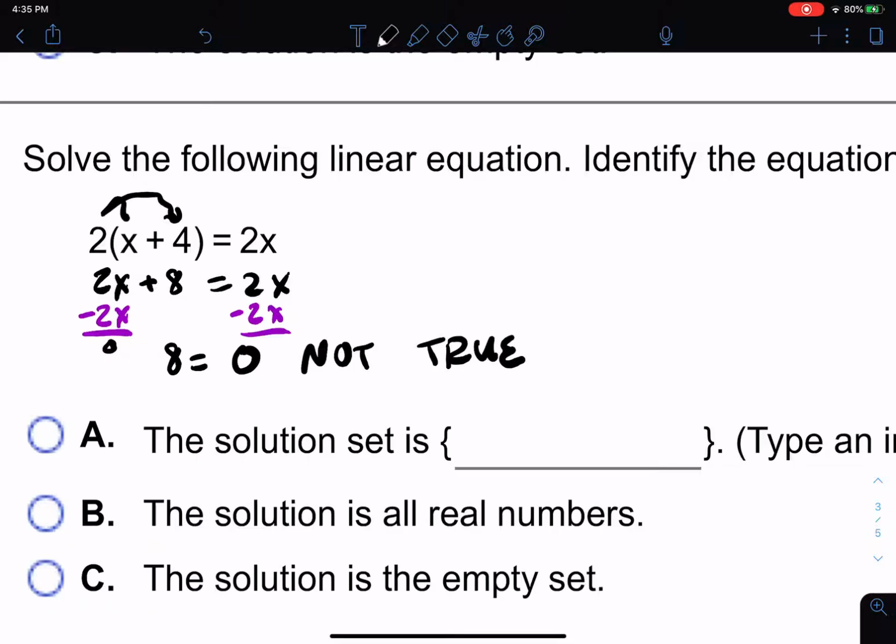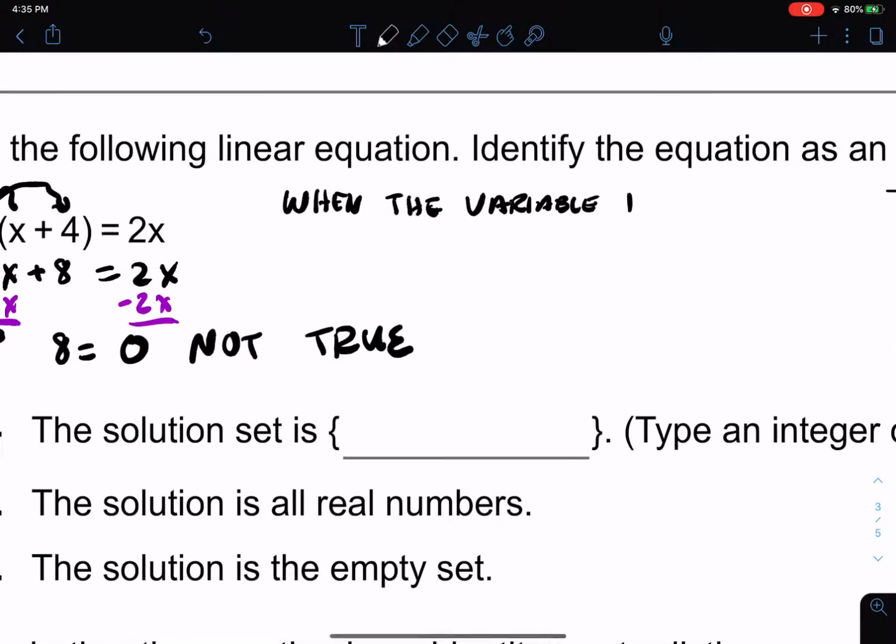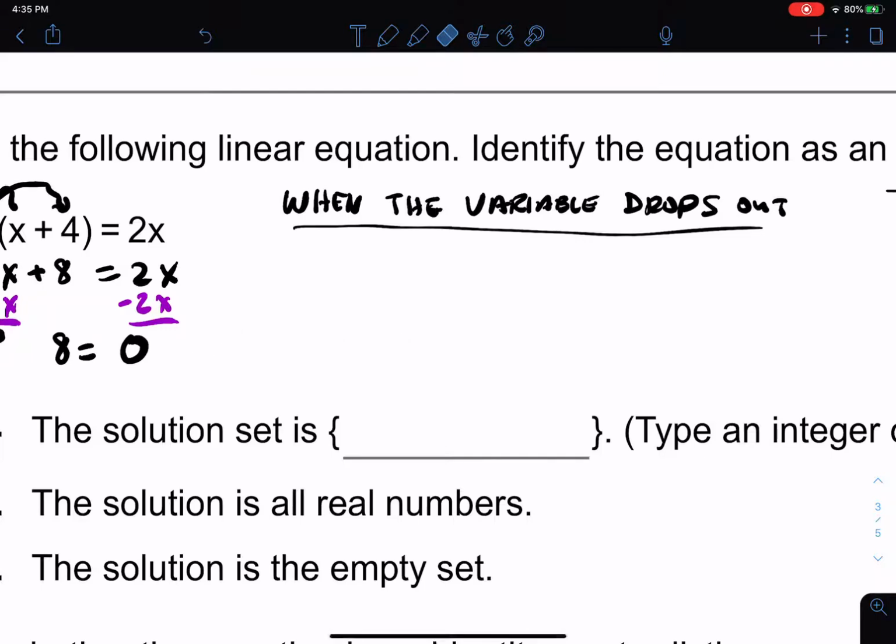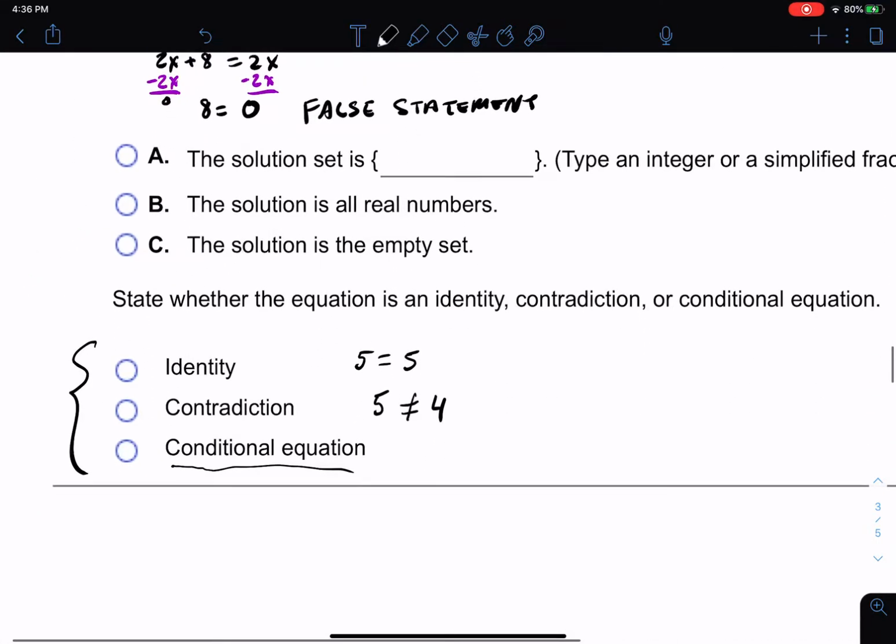So let me take a note. When solving, when the variable drops out or disappears, and you have a false statement, and that kind of goes with this one I'm talking about, you have something called a contradiction.